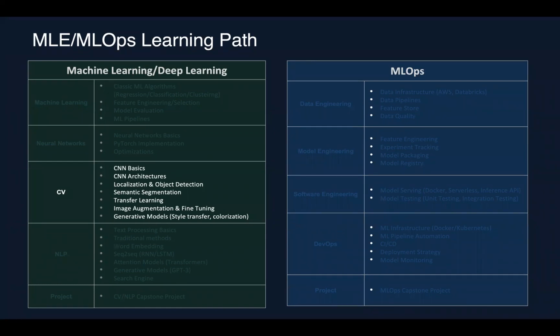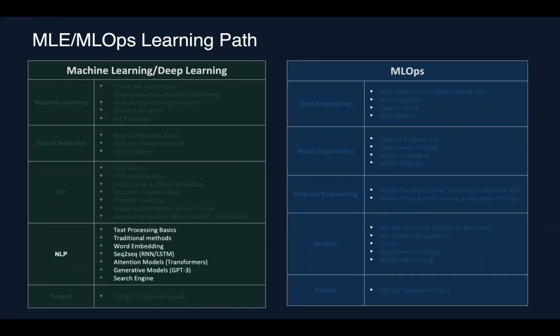So that's computer vision. Natural language processing is probably the hottest topic right now. I think before you move on to GPT-3, ChatGPT, knowing the basic text processing is very important because you're dealing with a lot of text, right? You need to understand how to pre-process data, just like how we use pandas to process structured data. You need to understand how to process basic text and understand the traditional NLP methods as well.